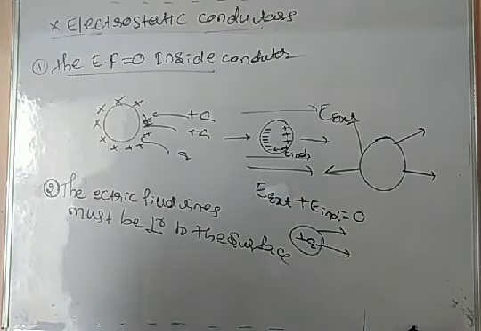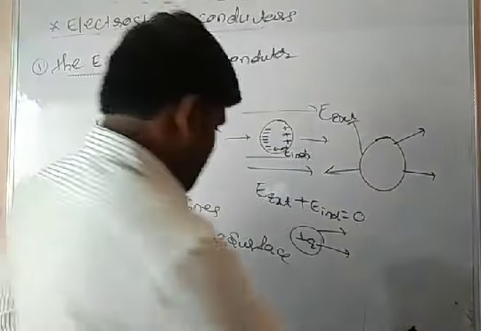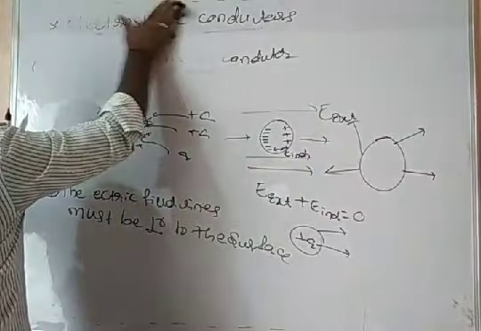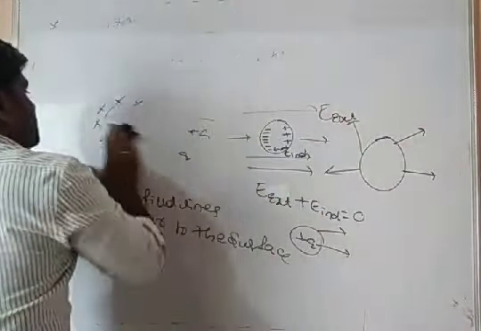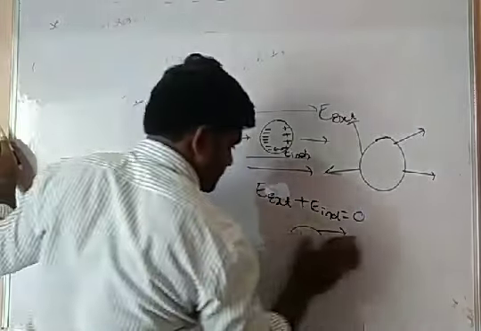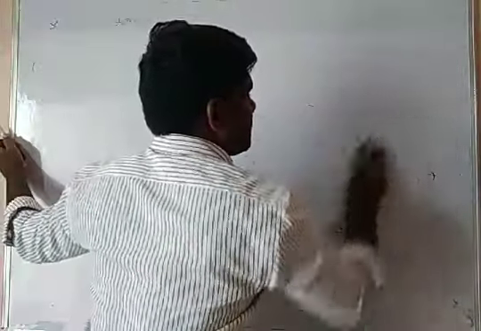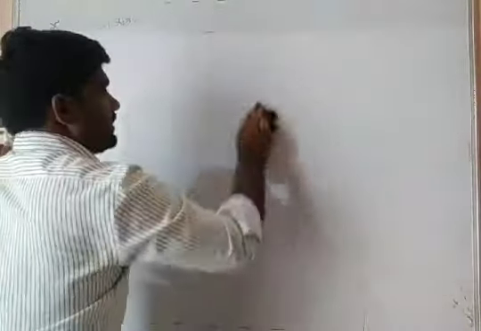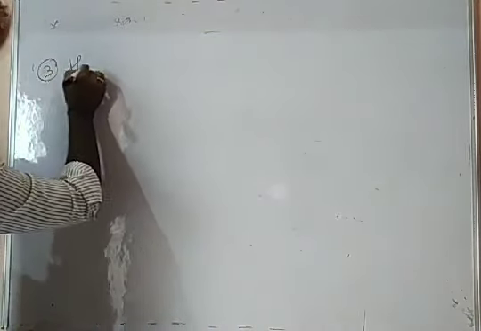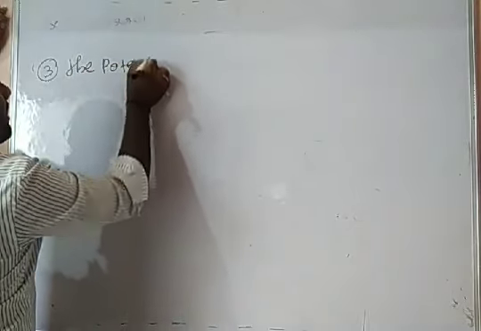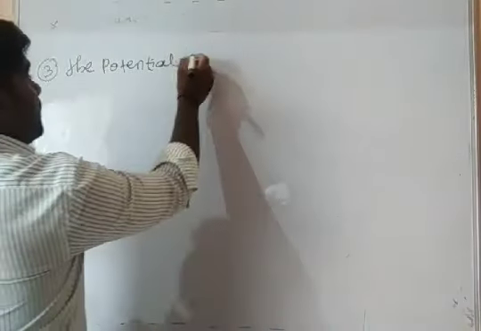Then see the third one. The potential inside the conductor must be zero.